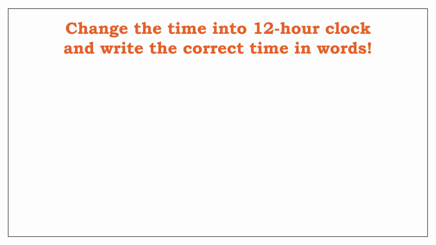Now the second task is changing the time into 12-hour clock and write the correct time of the 12-hour clock in words. Look at the example. 20:15. It becomes 8:15 p.m. and we say it is 8:15.